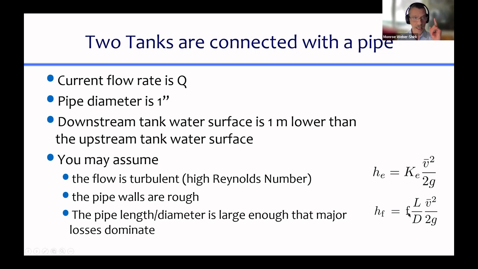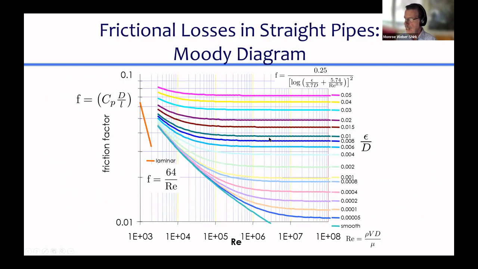And we previously argued that F was a constant, that F isn't changing with flow rate because we are on the Moody diagram in this place where F is relatively constant over a broad range of Reynolds numbers.